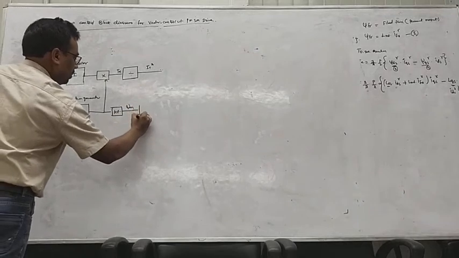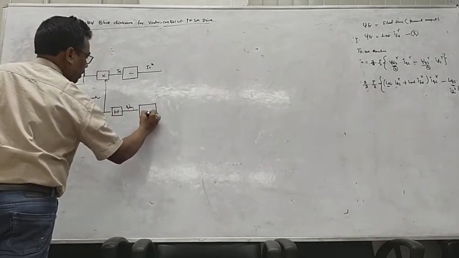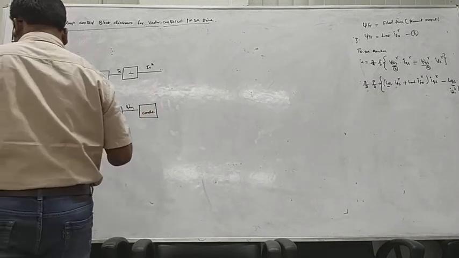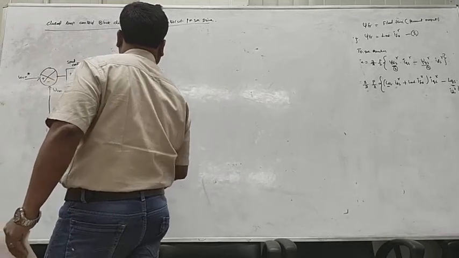Again it goes through a constant, and this gives us the field current IF star.